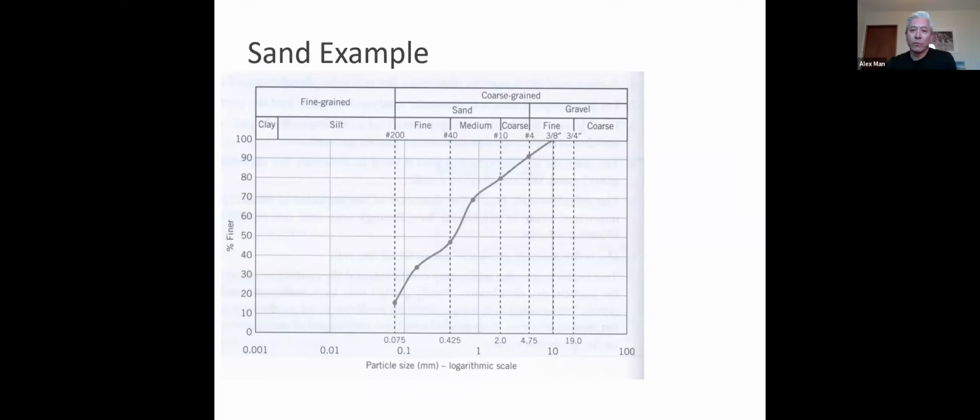This is a well-graded sand with lots of variation in particle sizes. Starting up at the top, 9% of them were caught on that top sieve as pea-size chunks. Then 11% was caught on the next sieve, and that's about like sea salt size.